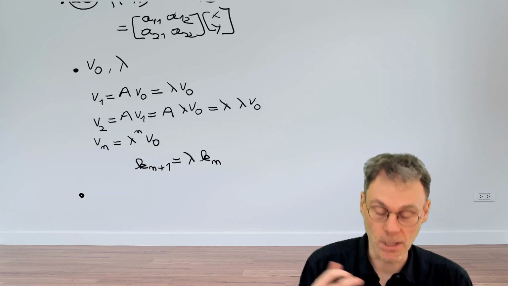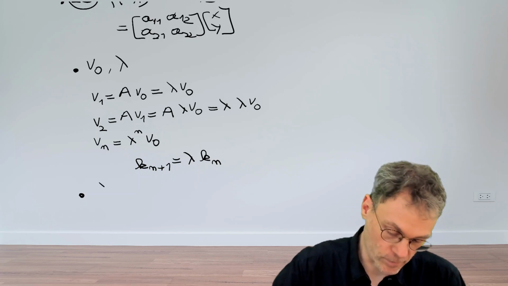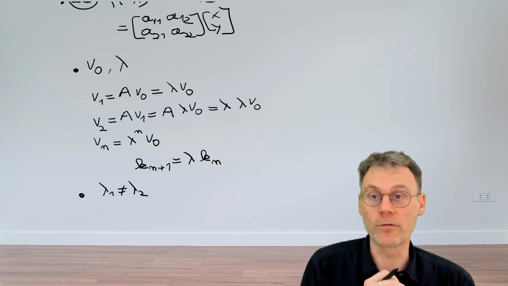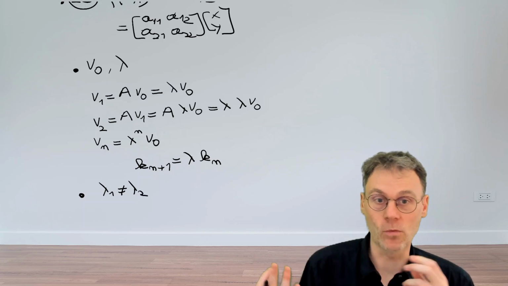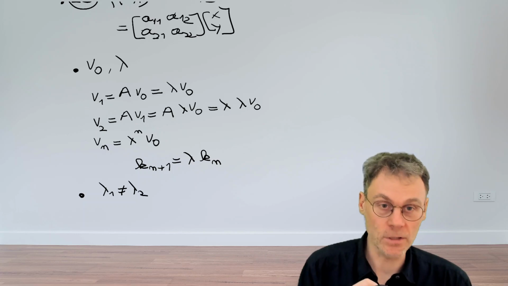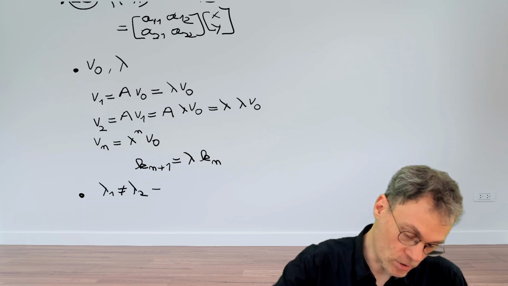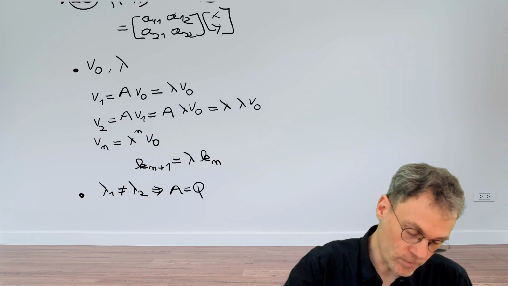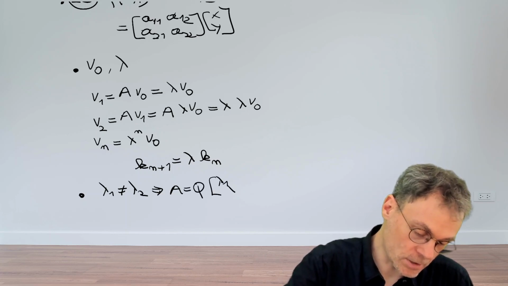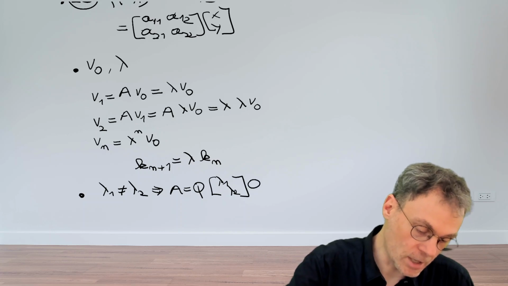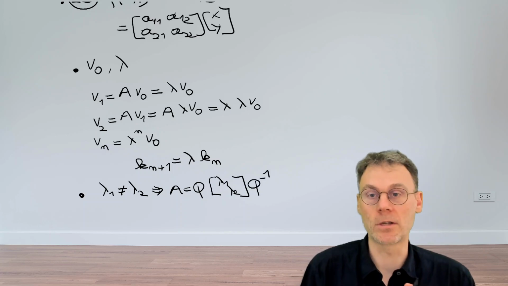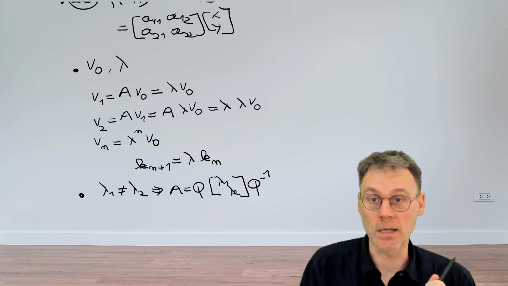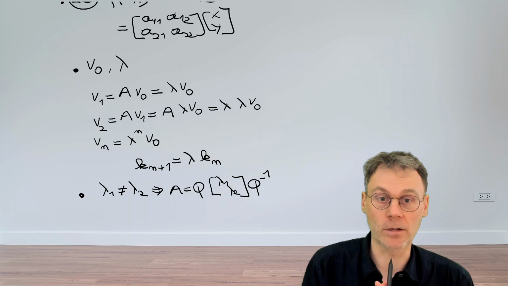The answer is yes, because you know, for example, from your kindergarten linear algebra classes, that if you have two eigenvalues, lambda 1 and lambda 2, which are different, then in that case you can decompose your matrix A as a matrix Q times a diagonal matrix with the eigenvalues on the diagonal times the inverse of that matrix Q. And the matrix Q contains as its columns the different eigenvectors.